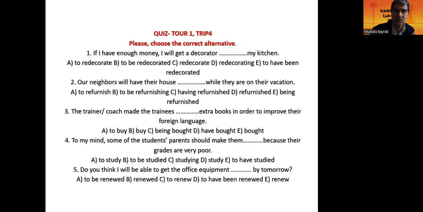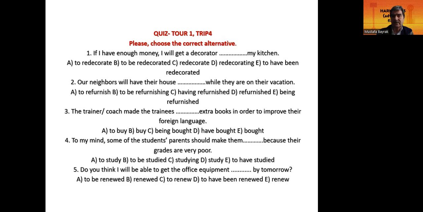Okay, our usual quiz now. Question 1. If we have enough money, I will get a decorator to get somebody to do something. B is true, to be redecorated, okay? Our neighbors will have their house, have something done.